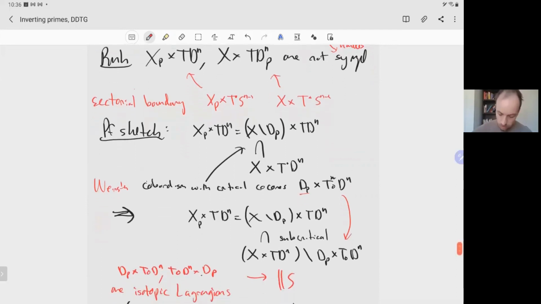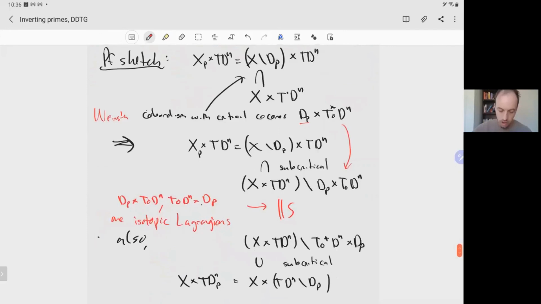Well, I could also do this on the other domain I'm interested in, which is X cross T*D^n localized at P, this domain. If I do that, I see that there's a subcritical cobordism to, again, the product where I've carved out a different Lagrangian disk, namely the cotangent fiber cross D_P. Now, I wrote these two disks here that I'm removing.